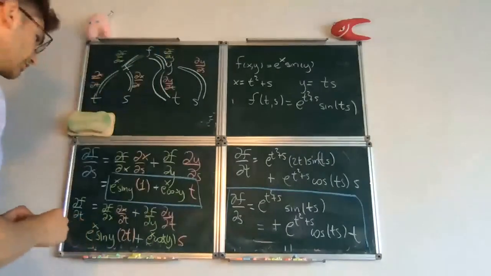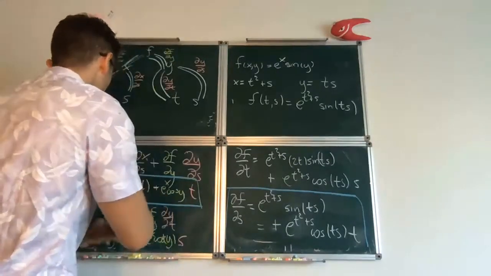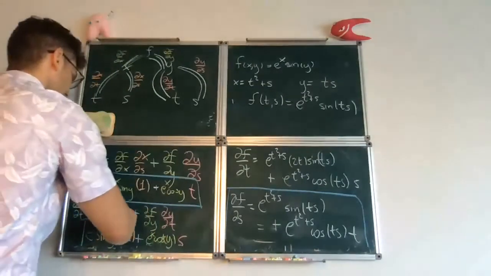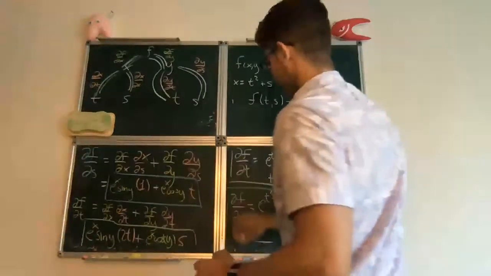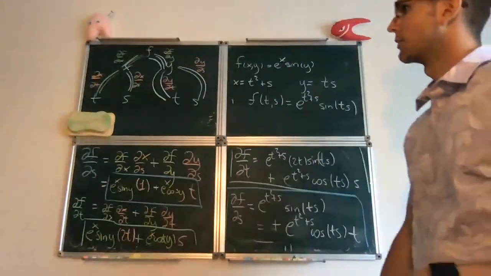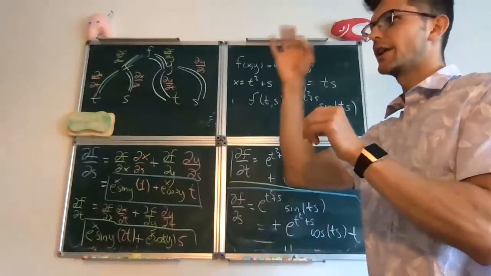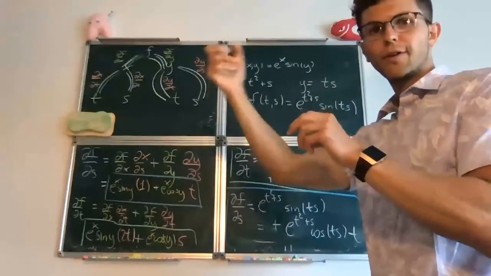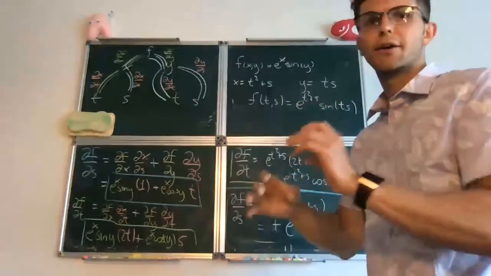And so you see, after you substitute x and y in terms of t and s, you get precisely this term. Okay, so the diagrams are very intuitive, and you just have to look at all the possible paths that connect the original function with the desired partial derivative that you want to compute, and then you just add all the contributions.